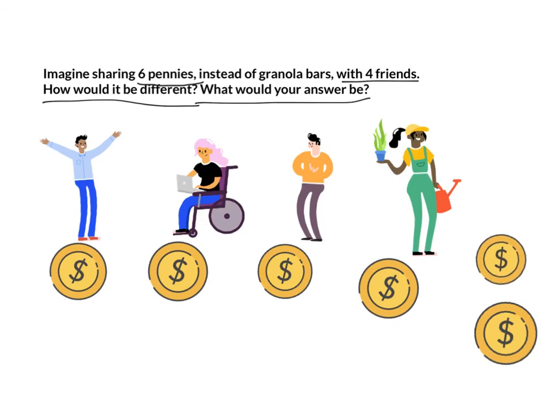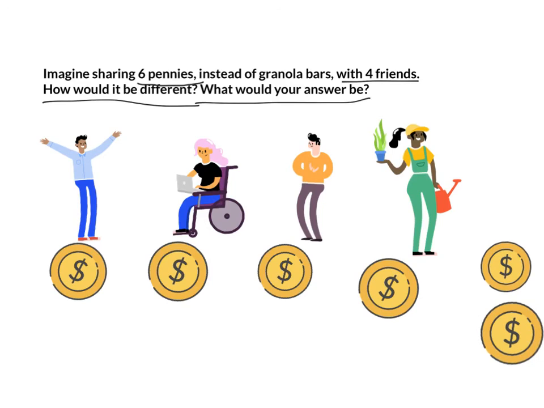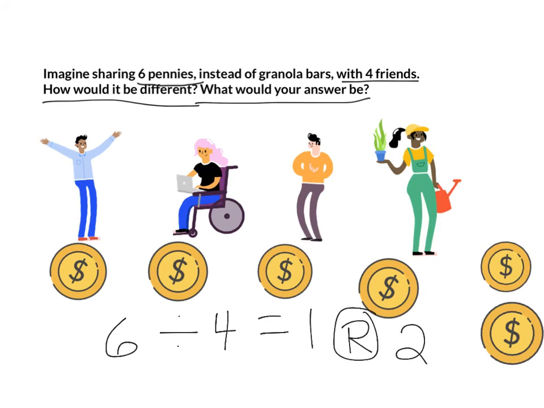And so these would be what we call remainders. And so this problem is a little bit different, where I would say 6 pennies divided by 4 friends equals 1 with what I would call the remainder, that's the R, 2. There are 2 remaining because I cannot break those pennies apart.